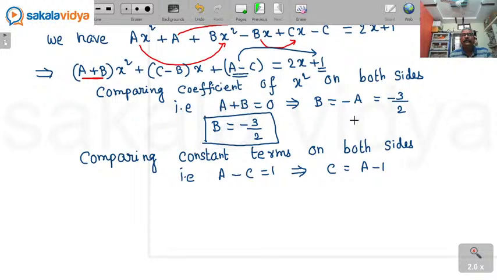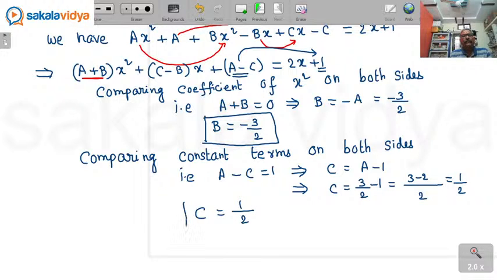We already know that the a value is 3 by 2. So we can write c equals 3 by 2 minus 1. 2 is the LCM, 3 minus 2, so 1 upon 2. That means the c value equals 1 upon 2. Let me check.